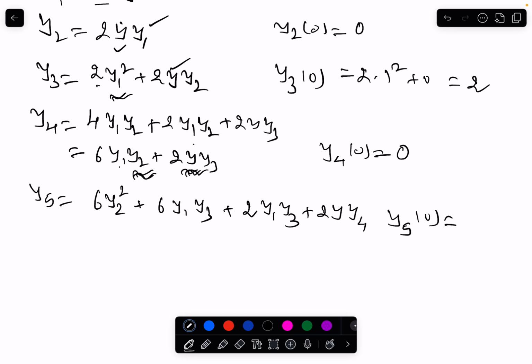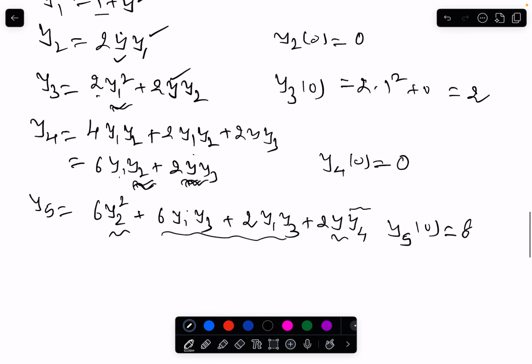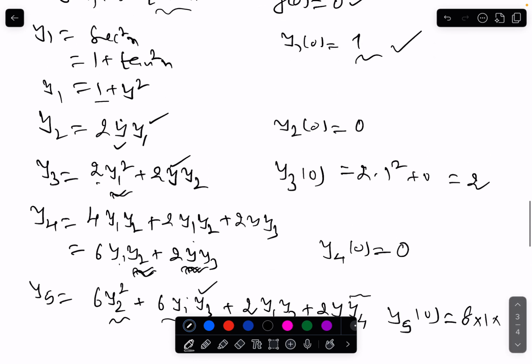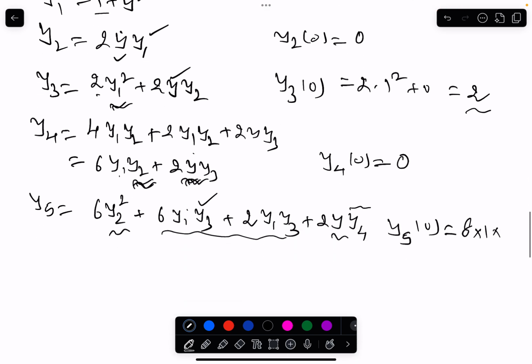So y5 at 0: this is y2 at 0, so 0. y4 at 0 is also 0. We have it as 8 times y1 at 0, and y1 at 0 is 1, and y3 at 0 is 2. And so 16. And so on.